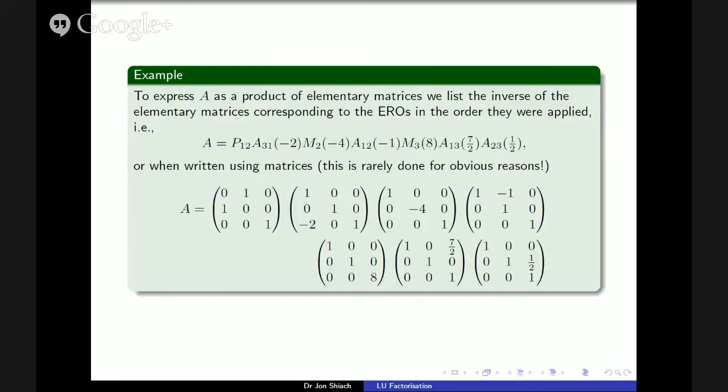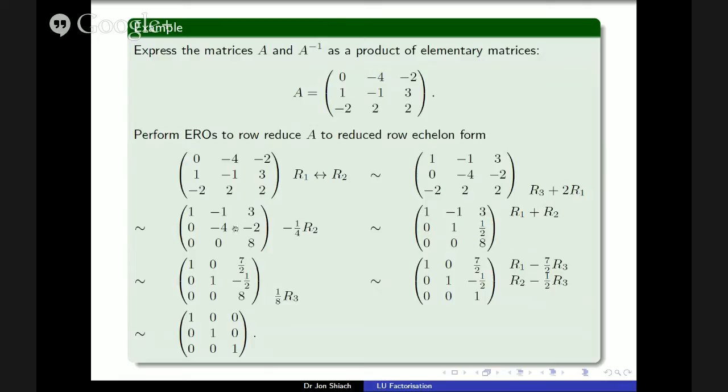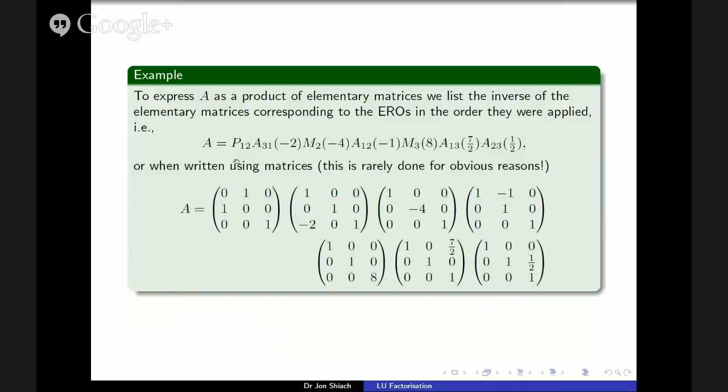To express A as a product of elementary matrices, what we do is invert the elementary matrices and write them down in the order they were applied. I'm going to flip backwards and forwards between slides here. The first thing I did was permute row 1 and row 2. The inverse of permuting row 1 and row 2 is just permuting row 1 and row 2. So that's the first elementary matrix.